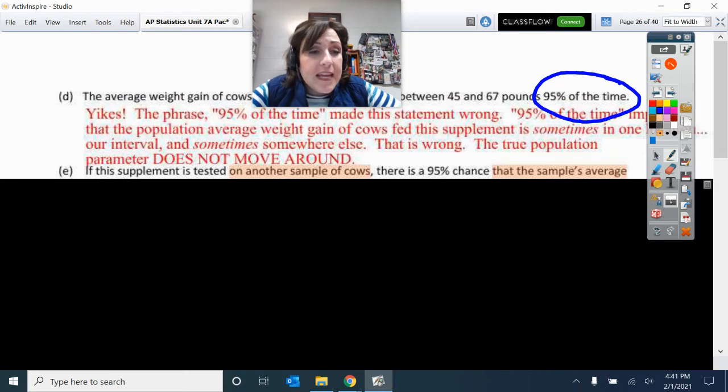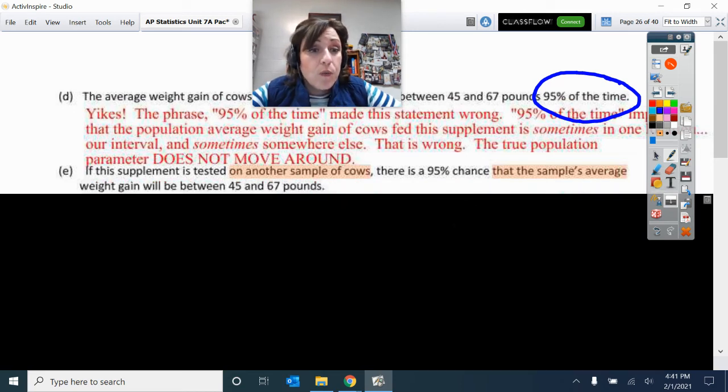All right. If this supplement is tested on another sample, I can already tell what this one's going wrong with. It's about to start talking about other people's samples being in my interval. That's wrong. No. There's a 95% chance that other samples' averages will be in my interval. Nope.